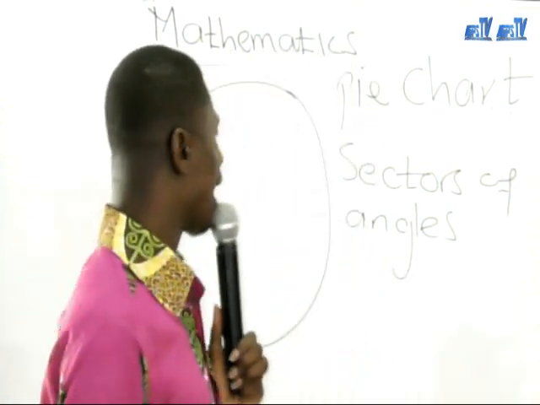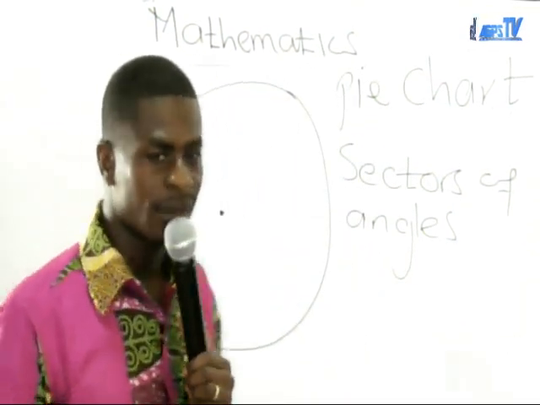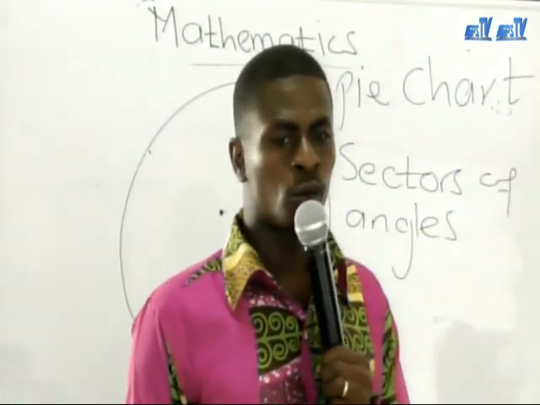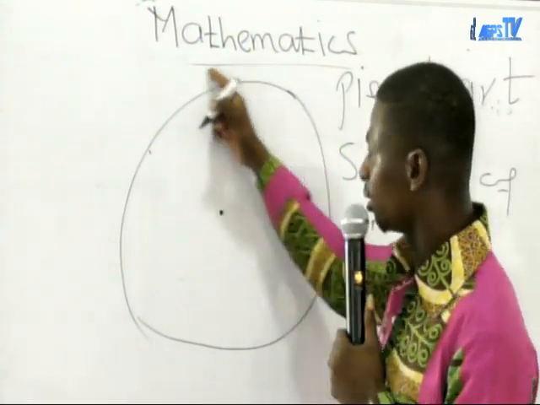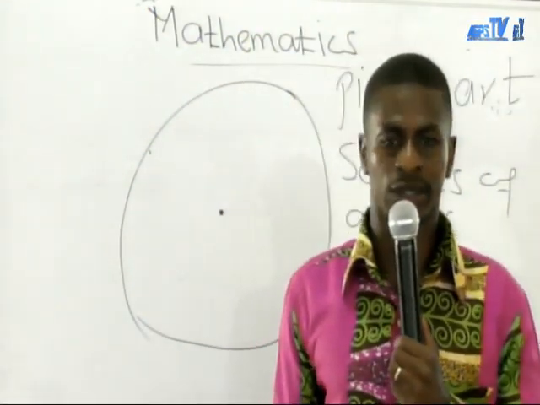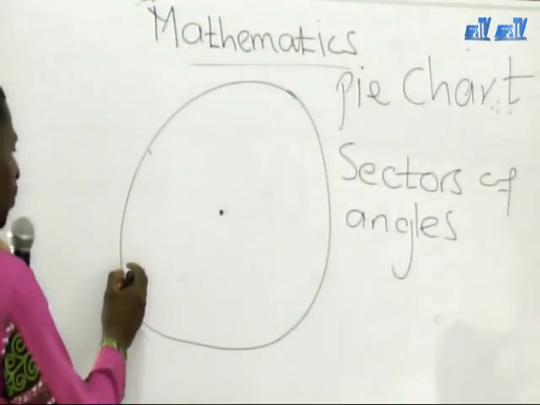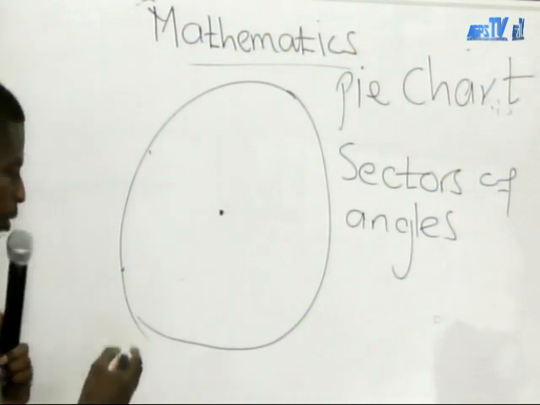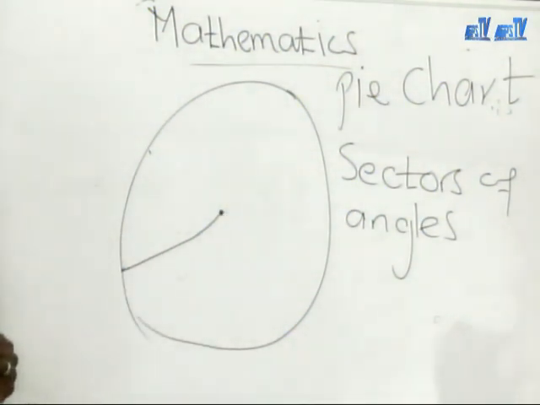So if I have the center of a circle, a line drawn from any part of the circumference to the center of the circle is called a radius. And so if I draw a line from this part of the circumference to the center of the circle, it is called a radius.